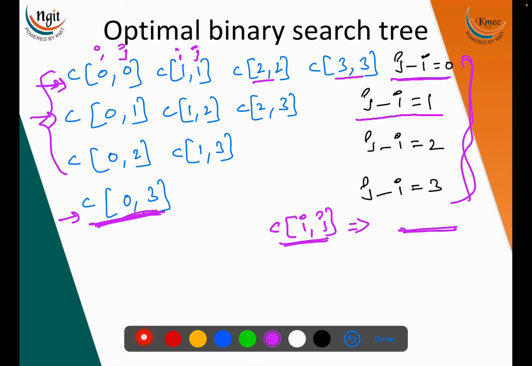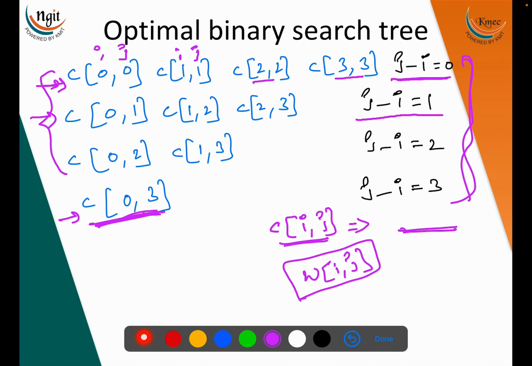So this is about cost: the cost of 4 keys depending upon k possibilities. Our k value lies from 0 to 4, or 1 to 3. Now, we should know the weight, because cost is included with w(i, j).